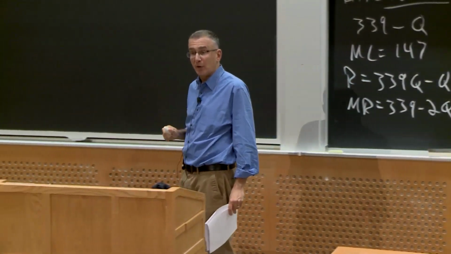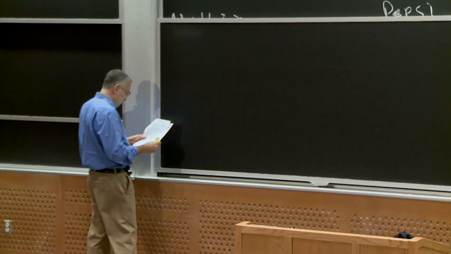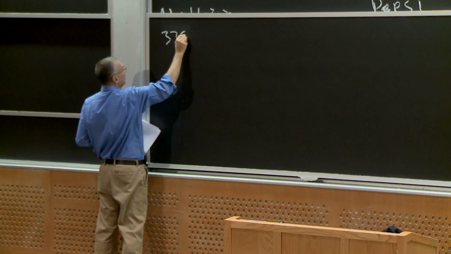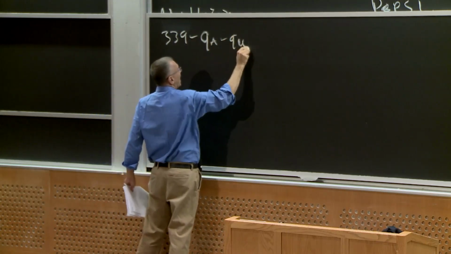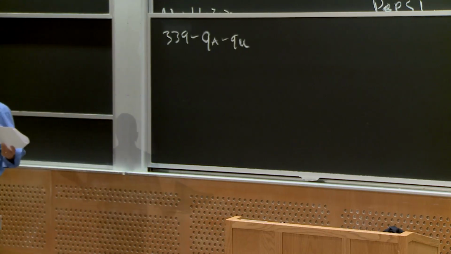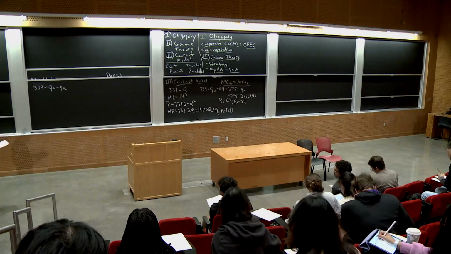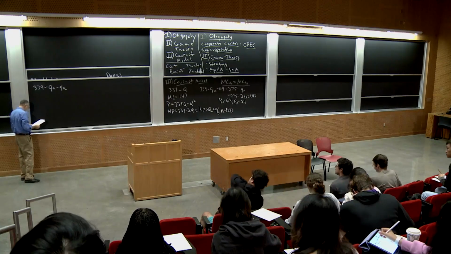So what is American's residual demand curve? Well, it's 339 minus QA minus QU. I plugged in 64 before because I had some industrial espionage that told me it's 64. But in general, I don't know what United's going to do. So I just put in this amount QU.